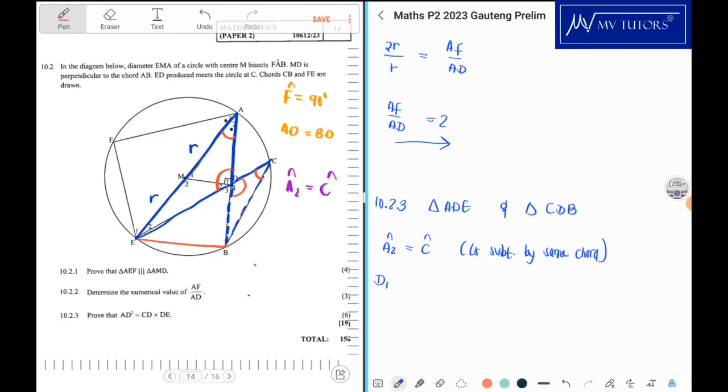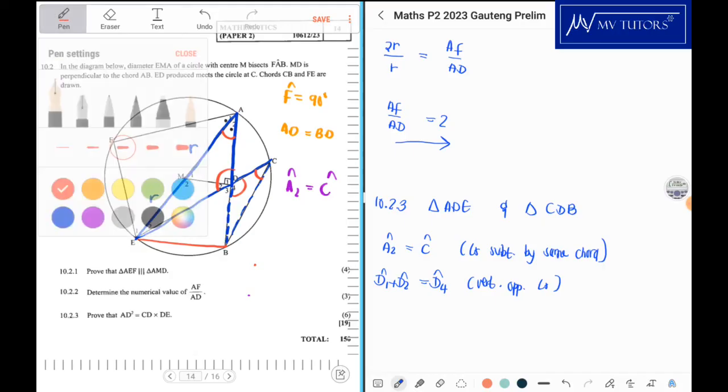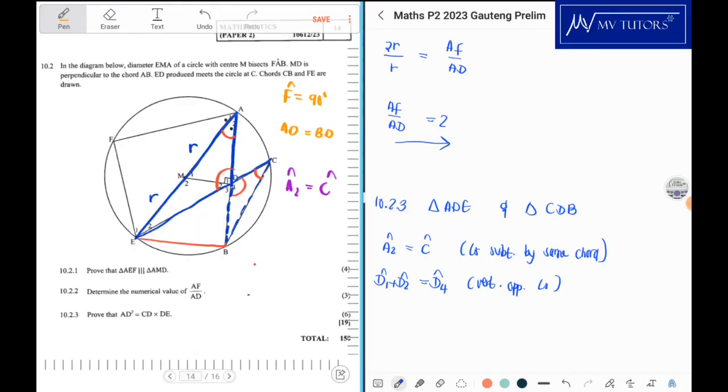Okay, and that's basically vertically opposite angles. Just use that, vertically opposite angles. And then the remaining, well, they'll just be equal to one another. But if you wanted to really show that, you could have also drawn that chord, which I did at the beginning of the question.